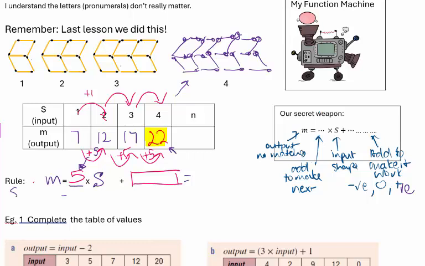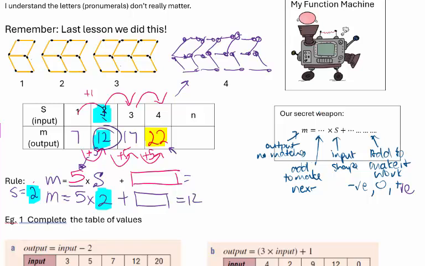So in this case, I'm going to have a look at when S equals 2. So when S equals 2, we're going to have M equals 5 times, now instead of writing S, we're going to write 2, plus what equals 12, because that's where that comes from.